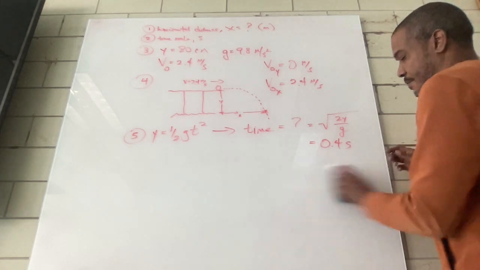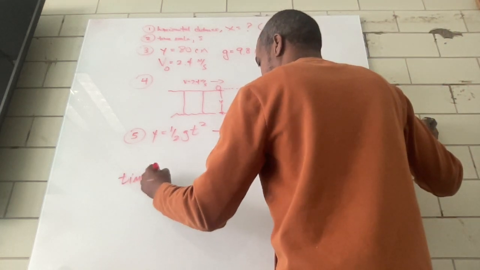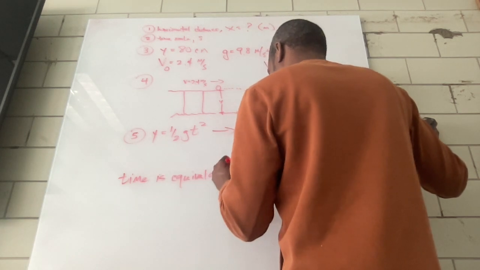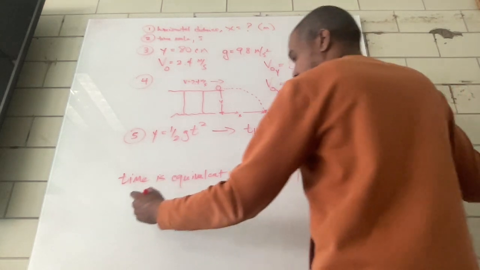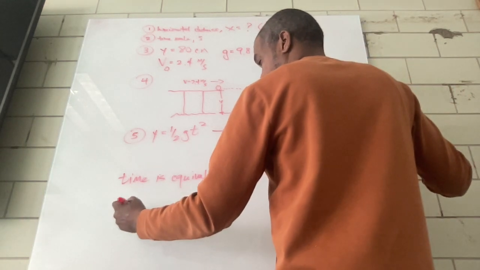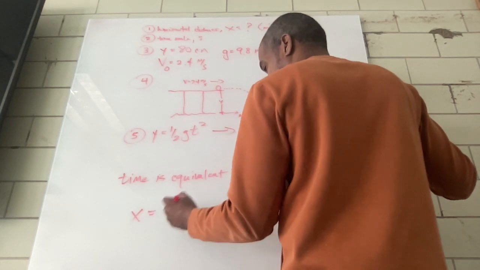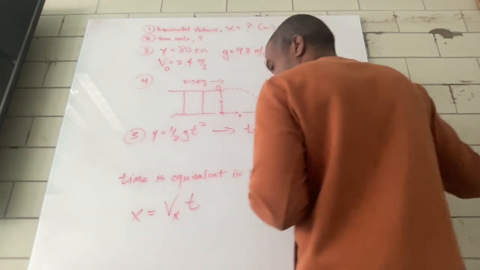Now we know the time. Time is equivalent in x and y, right? So if I want to know x, it equals v in the x times t.